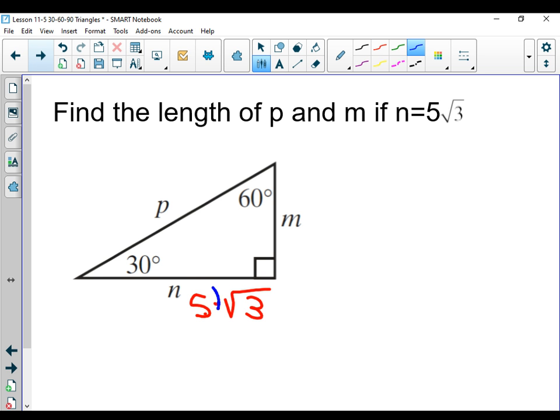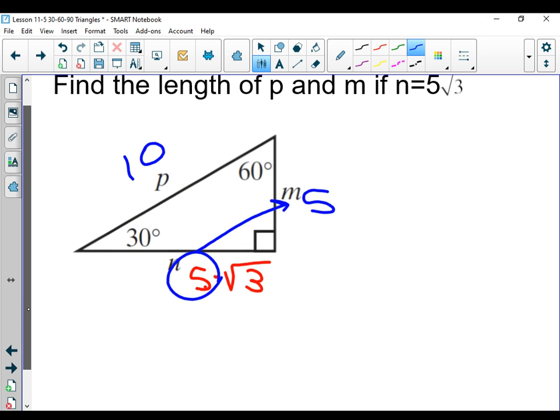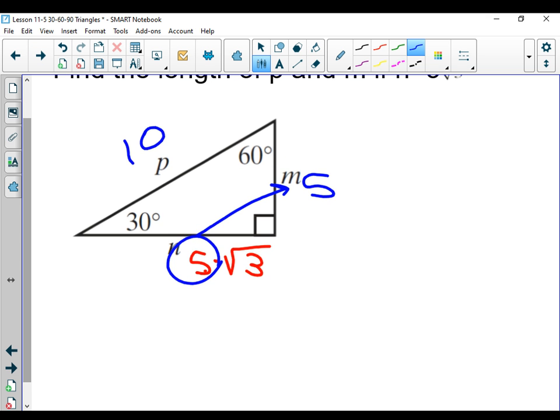It's easy to find the short leg. You literally just write 5. And that means the hypotenuse is 10. Bryn, type for me 5 times the square root of 3. 8.7.